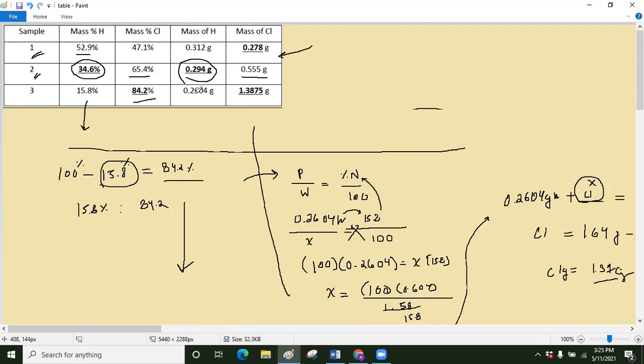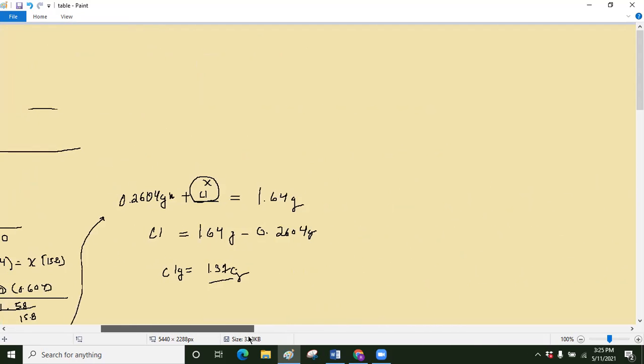And so now that you have the mass for your chlorine, and you have the total, you could just say, okay, what percent of the total is chlorine?